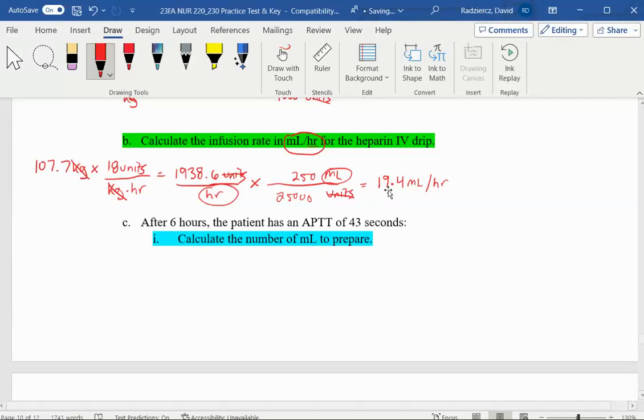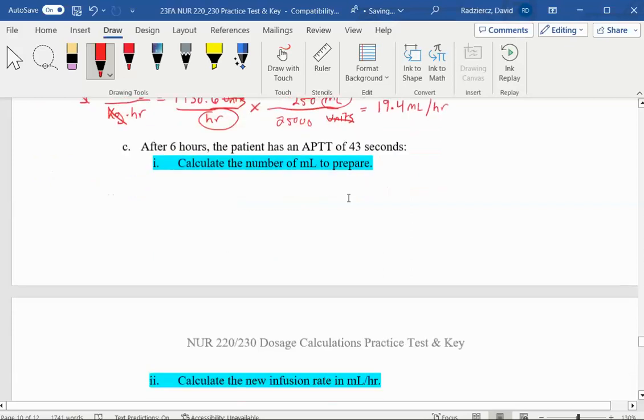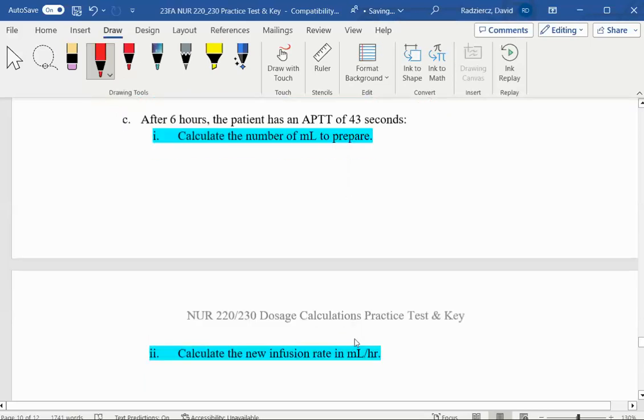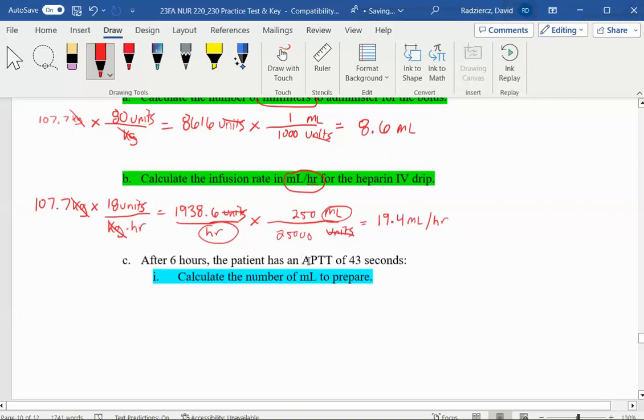So what I'm going to ask you to do now is just to get some participation. I want you to go ahead and do the next two steps, the bolus milliliters, and then the new infusion rate milliliters per hour. So we're using the APTT of 43 seconds.